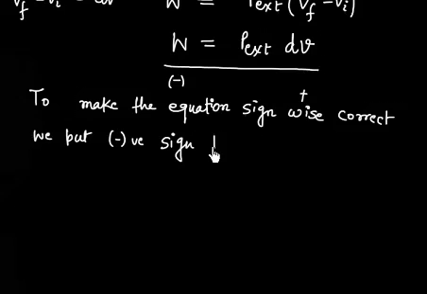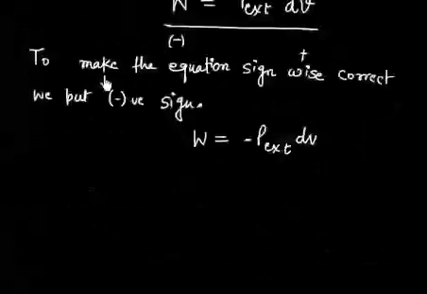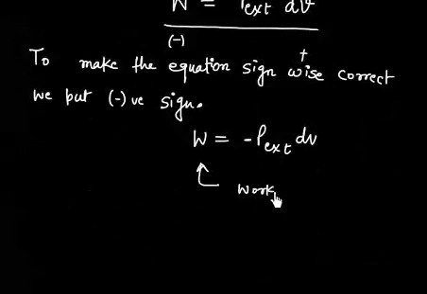Are you getting or not? So we have work done equals negative P external into dV. Now this work is done by the system. You see, this is the work done by the system.